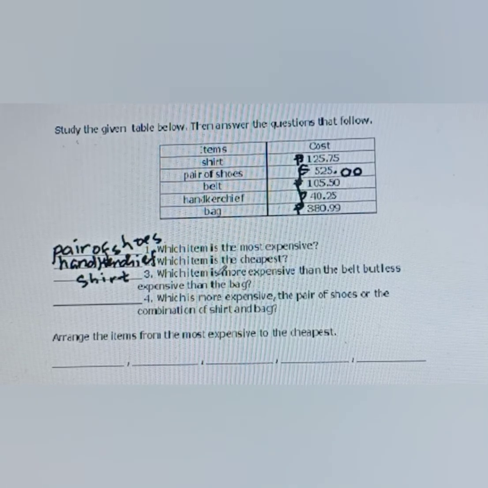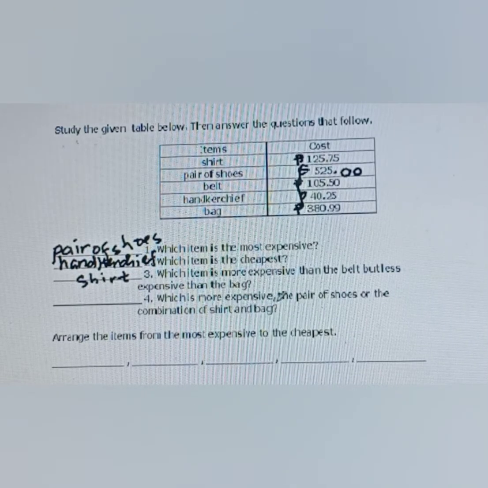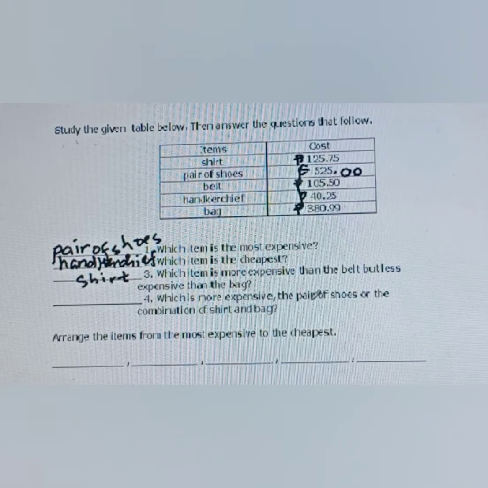Okay. What about question number 4? Which is more expensive, the pair of shoes or the combination of shirt and bag? So what will you do? You add first the cost of shirt and bag. Let's have the shirt.